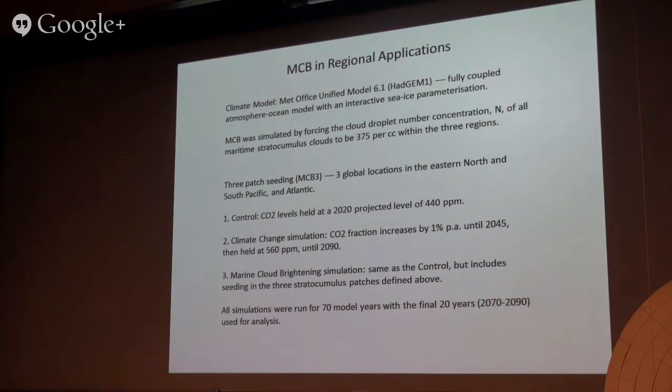He's using a 440 parts per million control level, and then he's using a pre-industrial doubling to 560 parts per million. So it's a little different than a lot of the studies that have been done looking at doubling with the control being pre-industrial level. So we basically have the control, we have the climate change, and then we have the climate change with MCB.